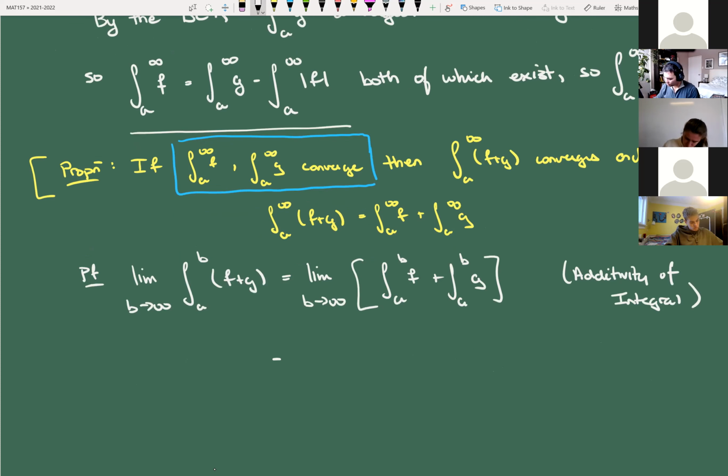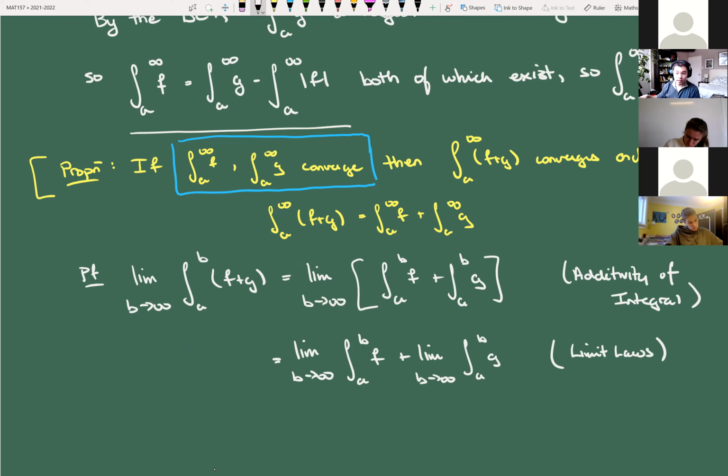Okay, but I still need to use another result, which is this one, right? And this is the limit laws, like we know this one. The limit of the integral from a to b of g, so this is the limit law.